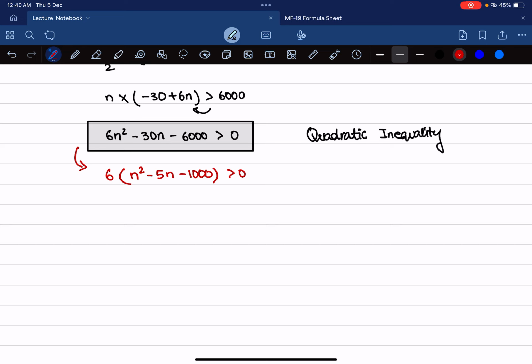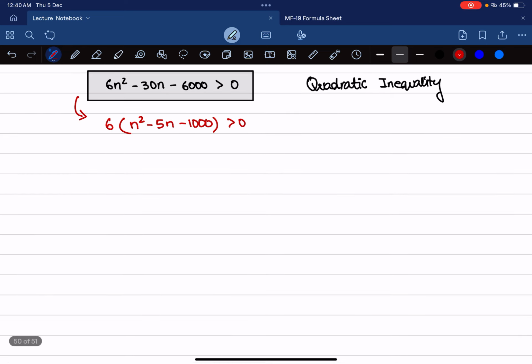I hope this makes our life easier. After this, I am simply going to put in the quadratic formula. If you don't remember, the quadratic formula is minus b plus minus under root b square minus 4ac upon 2a.